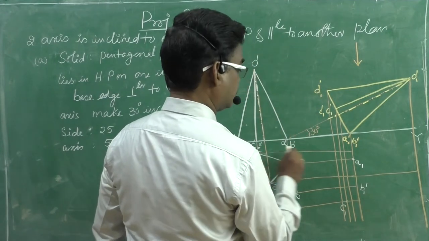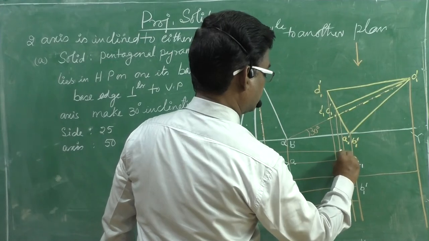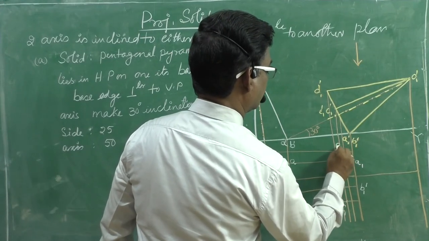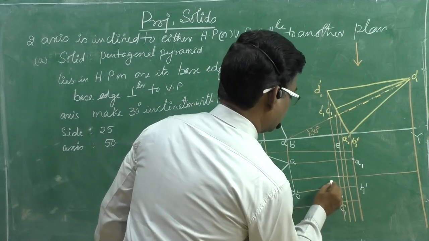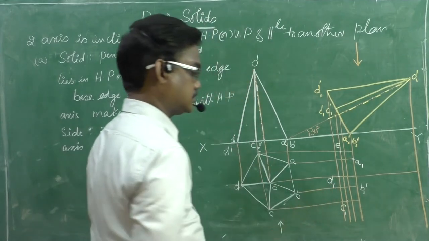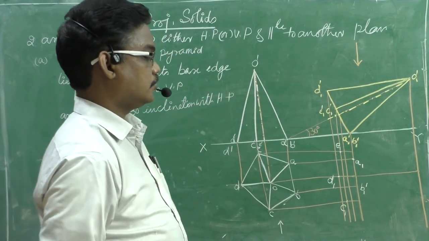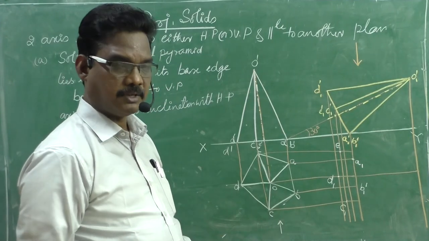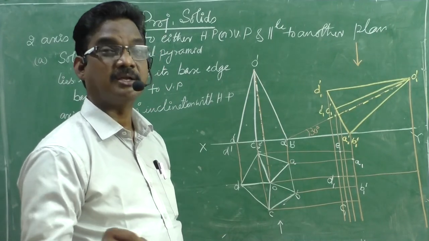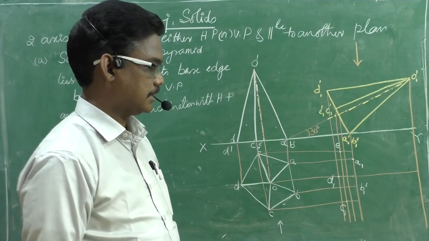Next E, this is E, therefore this one is E1. Next D, this one is D1, right? Now we need to complete the figure by observing visible and invisible edges.